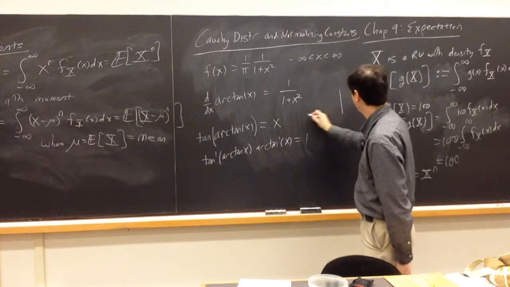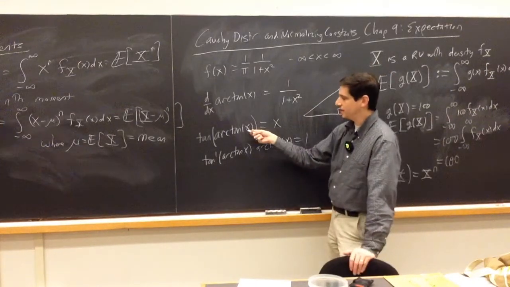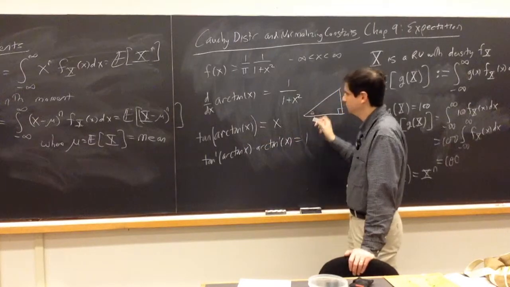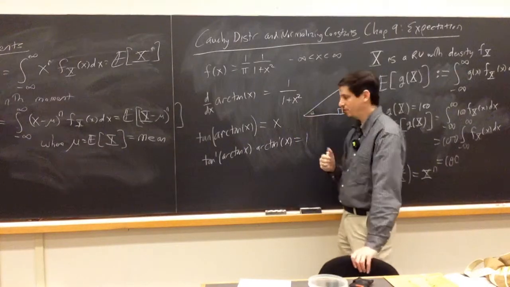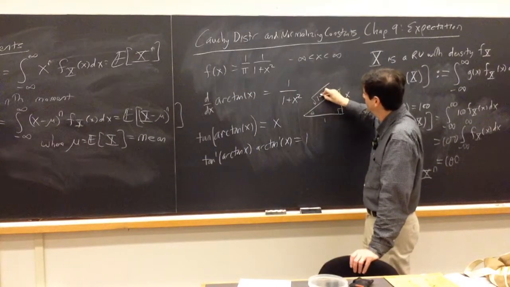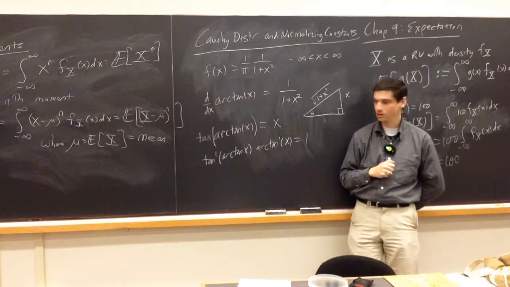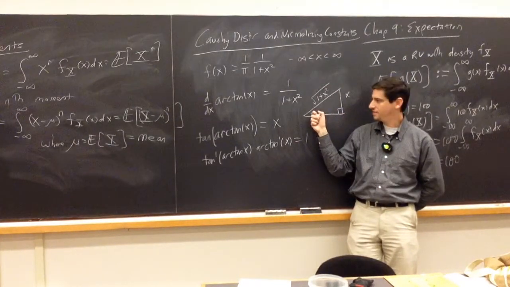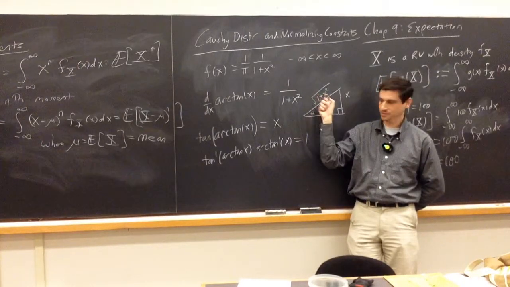And what you want to do is you want to draw a little triangle, draw a right triangle. So arctangent of x, I'm talking about an angle theta whose tangent is x. Well, if I want the tangent to be x, I could make this side be x, this side be 1, and this side would be the square root of 1 plus x squared. So the cosine of this angle would be 1 over the square root of 1 plus x squared.